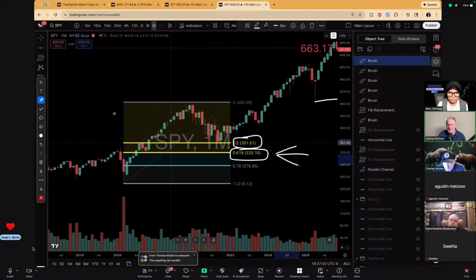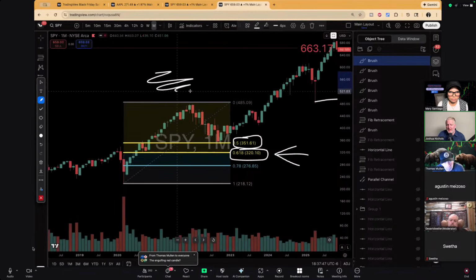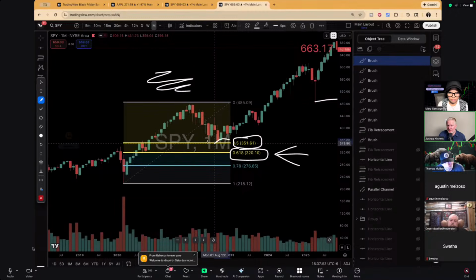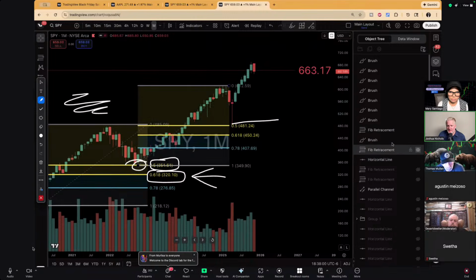If you start going back through the history, you find that the SPY is consistently stronger than Tesla, as an example, and it reverses on the 0.5. Bam, reverses. Same thing we had here. Let me turn this back on. It reversed on the 0.5. So the trend is very strong.